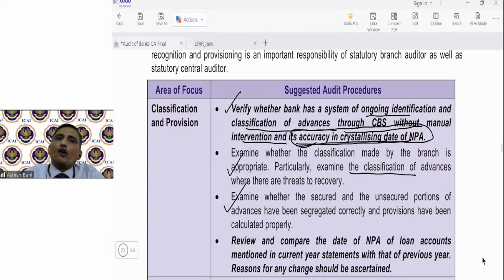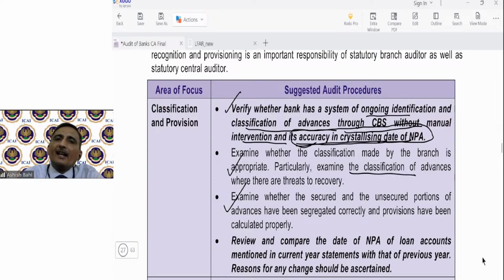And say the security of 40 lakhs, a residential house of a director of the company, is also mortgaged with the bank. So what is the secured amount? Secured amount in this case would be 40 lakhs. And what is the unsecured amount? Unsecured amount would be 60 lakhs, 100 lakhs minus 40 lakhs.